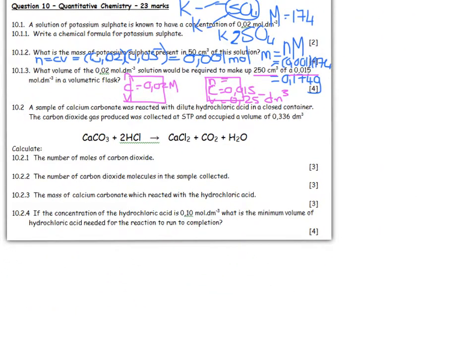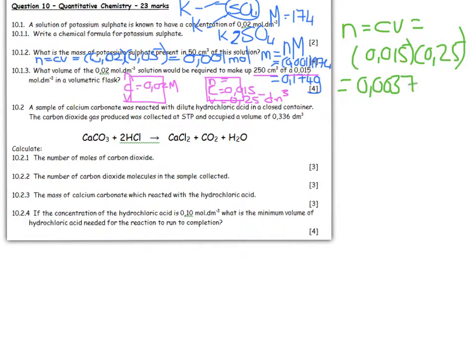and the number of moles is going to turn out to be equal to concentration times volume, which is going to be equal to 0,015 multiplied by 0,25, and my number of moles turns out to be equal to 0,00375 moles.